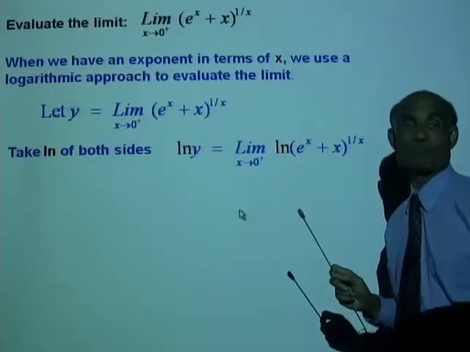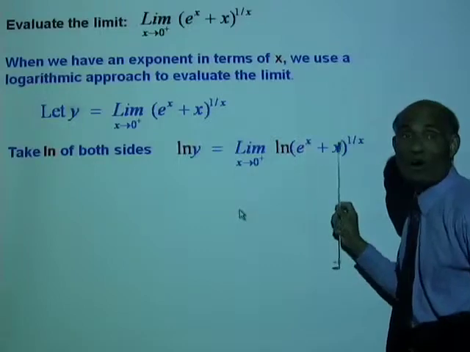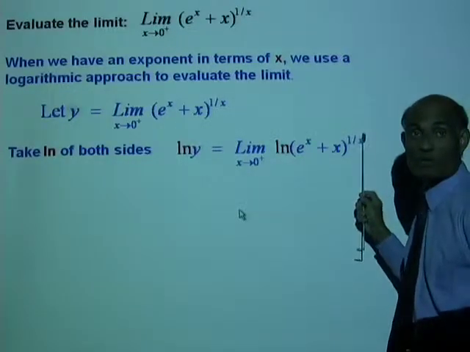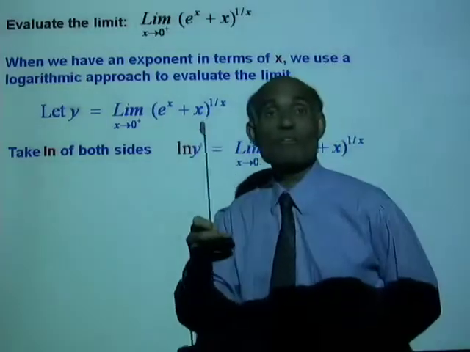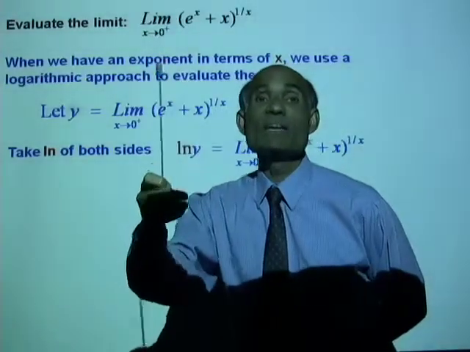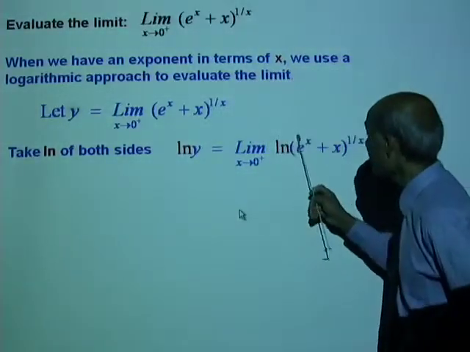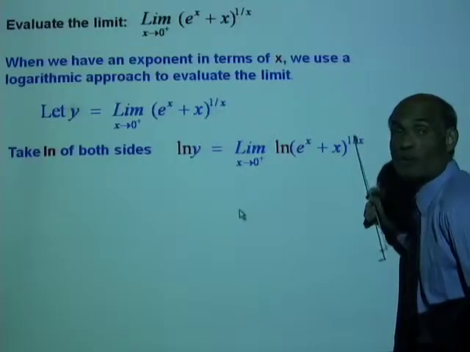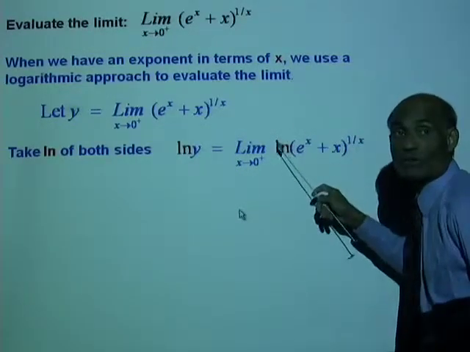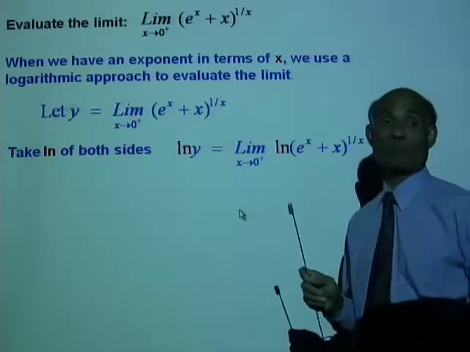over x. All right. Now, when you have ln of a power, remember the power gets multiplied. Is that right? ln of x to the power of a is a ln x. So ln of (e to the power of x plus x) raised to the power of 1 over x is 1 over x times ln (e to the power of x plus x).